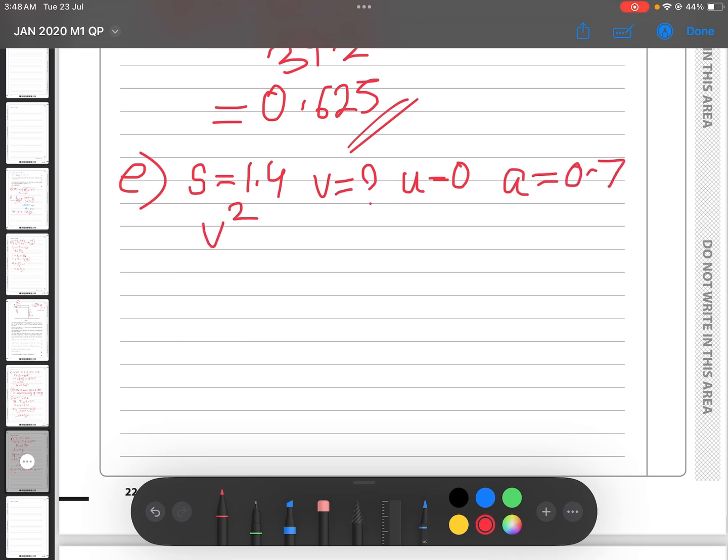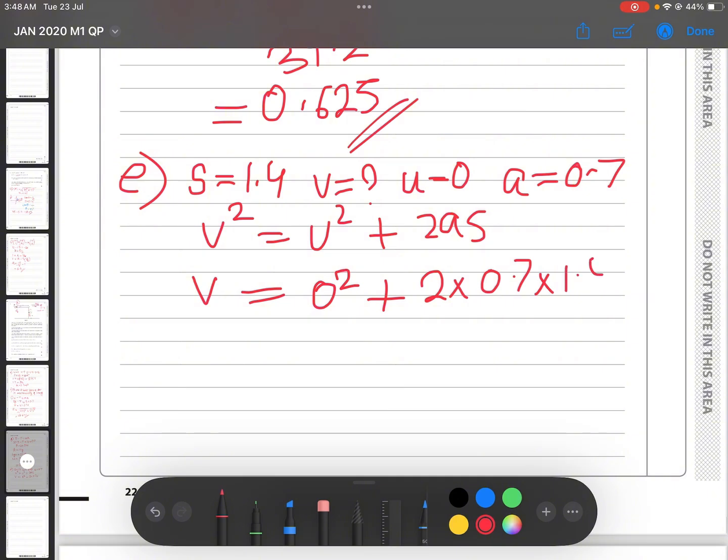Using the equation v squared equals u squared plus 2as, my final velocity is 0 squared plus 2 times 0.7 times 1.4, the whole thing root. So v is going to be 1.4 meter per second.